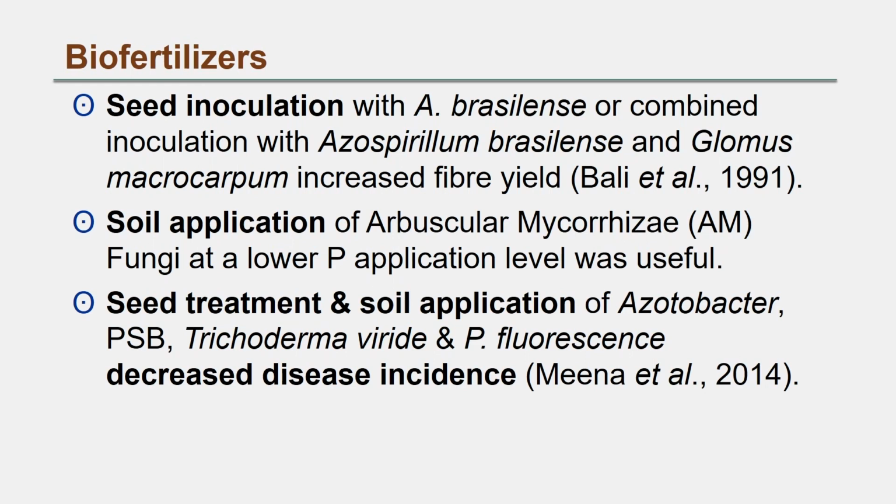Biofertilizers are also important. Seed inoculation with Azospirillum brasilense, or combined inoculation with Azospirillum brasilense and Glomus macrocarpum, increases the fiber yield. Soil application of arbuscular mycorrhizal fungi at a lower P application level was useful.